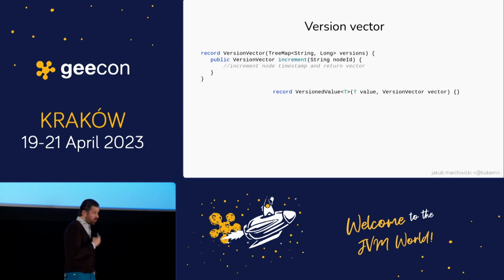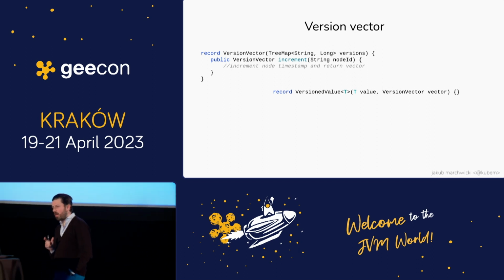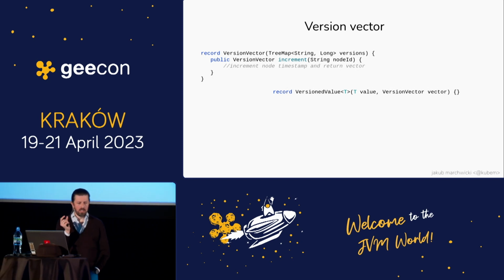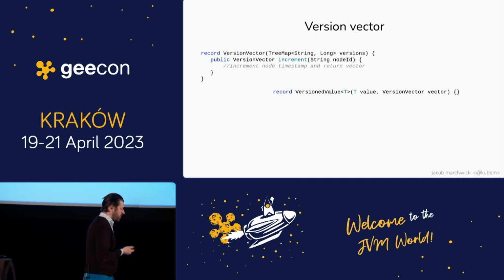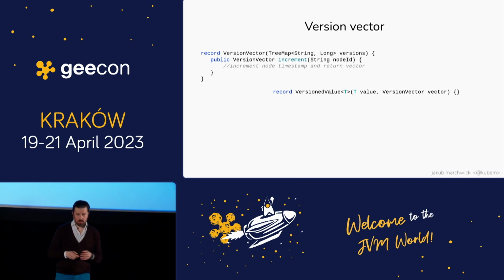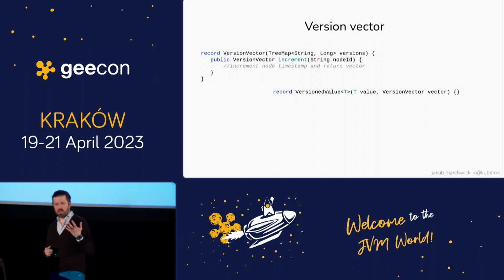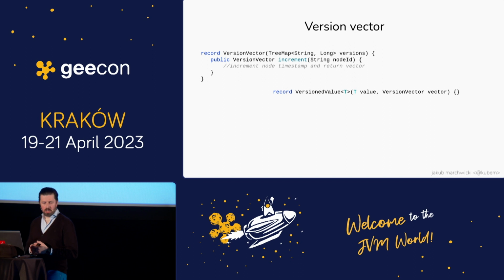We hold a whole tree structure where we have some identifier of a client or of a member or of a node or whatever, and a monotonically increasing value, a monotonically increasing integer or whatever. And then within our versioned value, we have something and this vector clock.